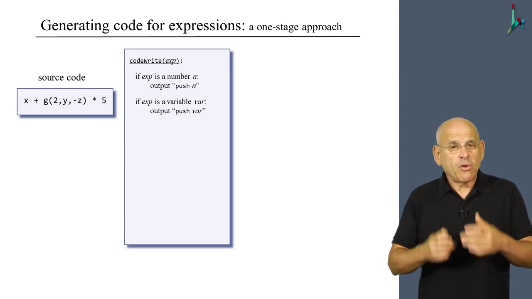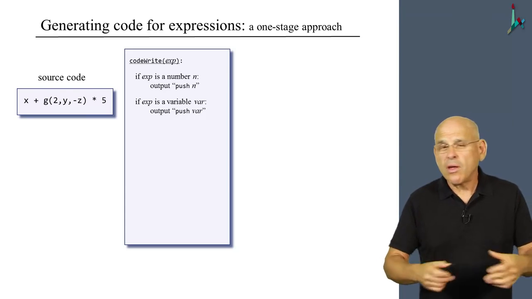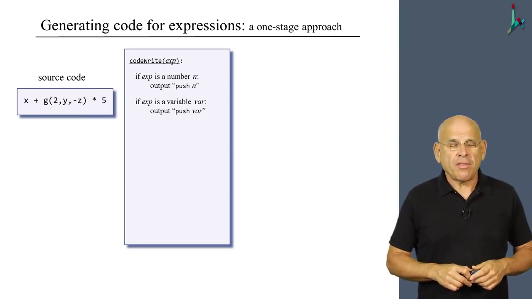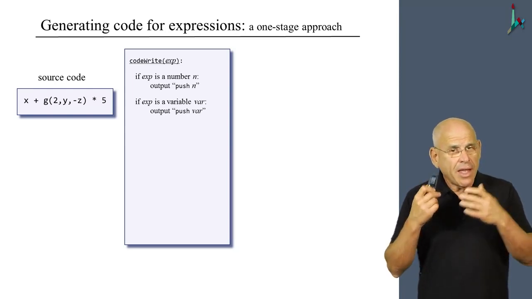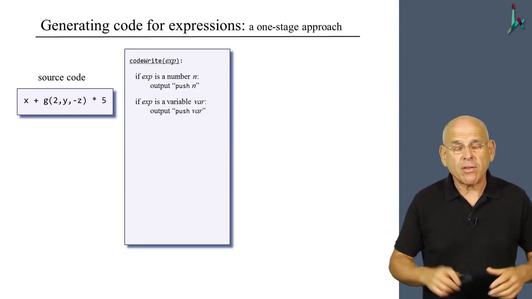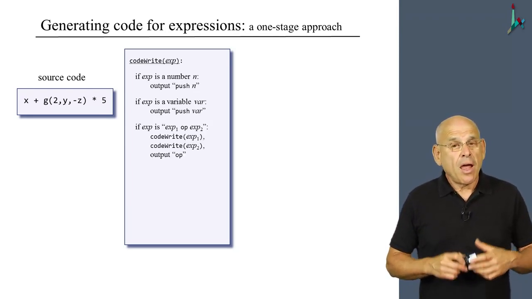And of course, we don't push x, we push something like local 0 or static 2, whatever is the mapping of x on the virtual segments as dictated by the symbol table, which is always in the background of these code generation algorithms.